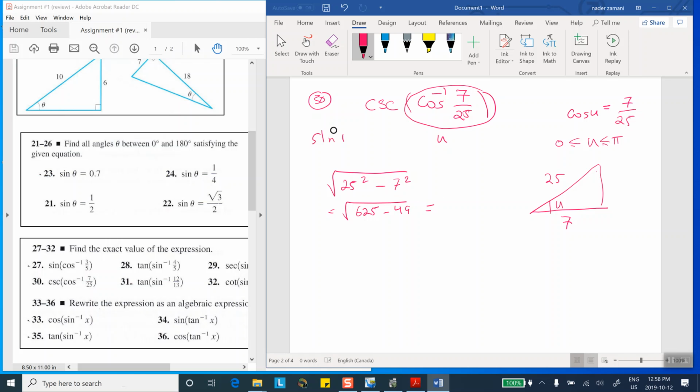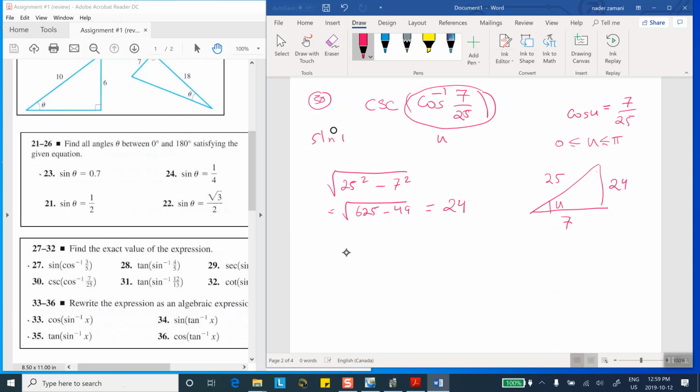Let me use my calculator: square root of 625 minus 49. Yes, 24. This is good. So this is 24.